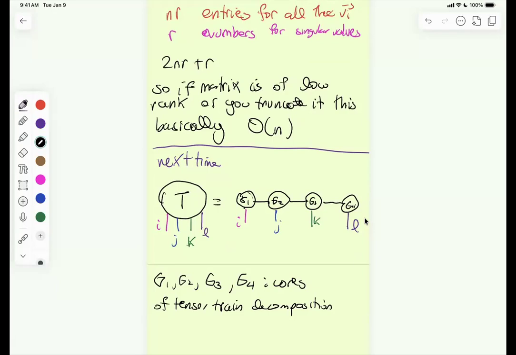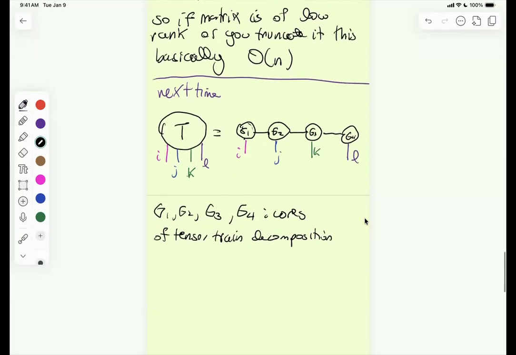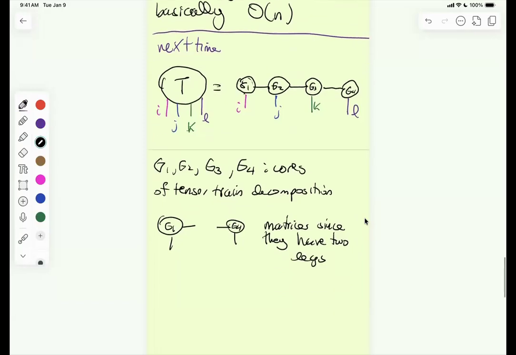Let's discuss what the diagram means right now. G1 and G4, they are matrices, right? Since they have two legs. And in this case, G2 and G3 are order 3 tensors, right?